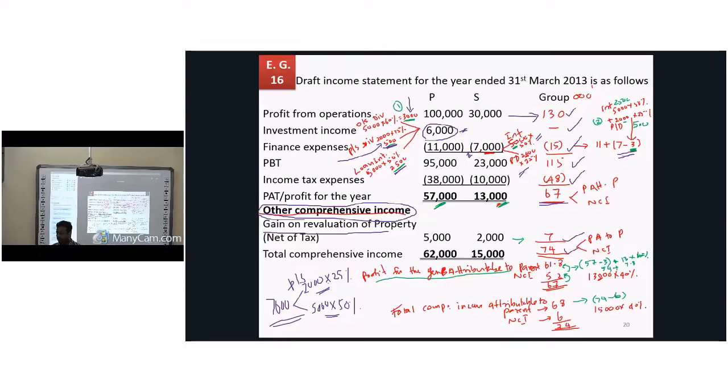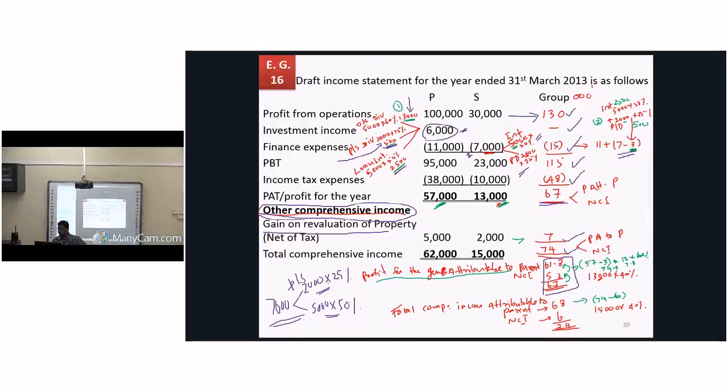Since we have other comprehensive income, we have to split this profit into two: before other comprehensive income and after other comprehensive income. Now look here, this part. This is before adding other comprehensive income.